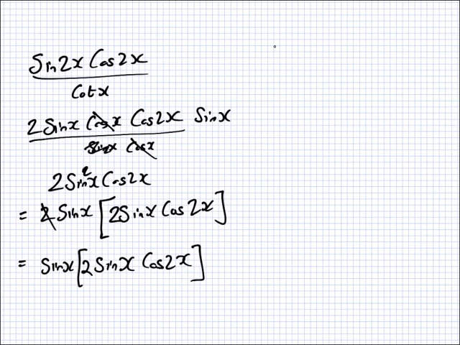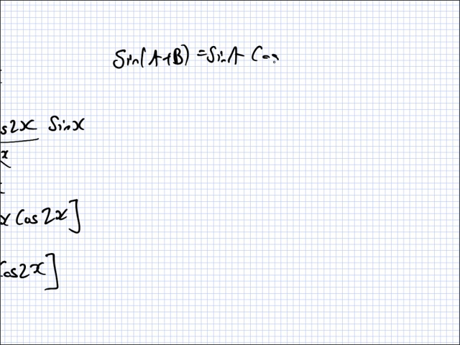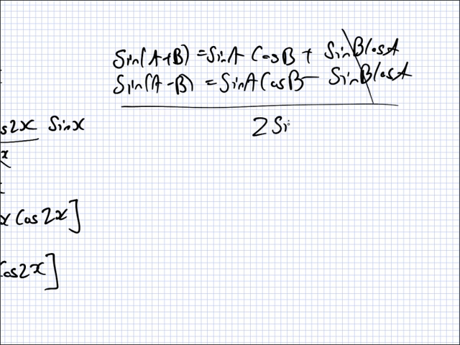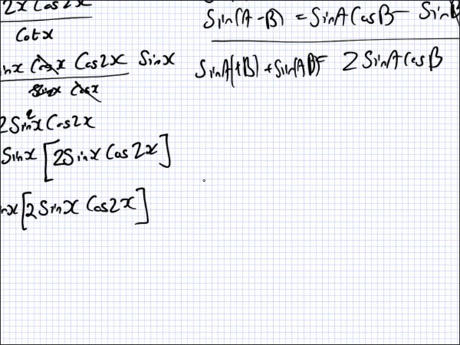Don't you worry. You know the rule that sine A plus B equals sine A cos B plus sine B cos A. And then sine A minus B is the same except with the minus. So if you add them together, they cancel, and you have 2 sine A cos B equals sine A plus B plus sine A minus B. So that's what I have here.